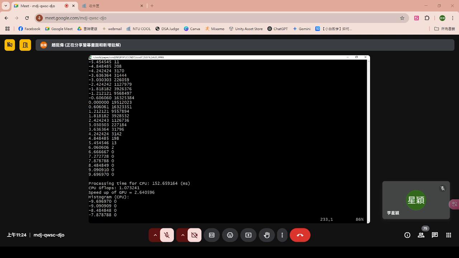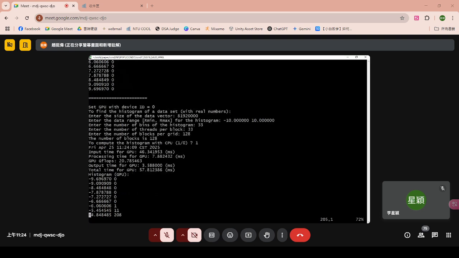When I used the global memory it was about 1.57, and now it's 2.6. So you can see the shared memory actually is faster. Since the number of data is the same, you can see the total time is 57.8 milliseconds, about 58 milliseconds.